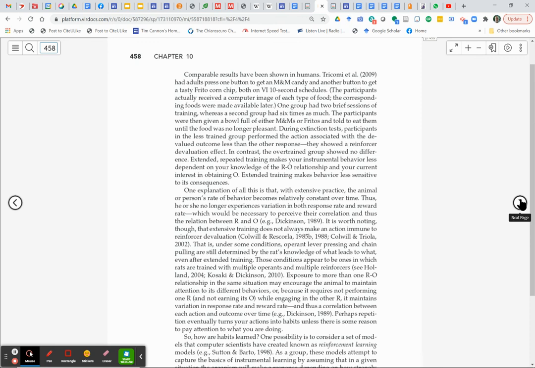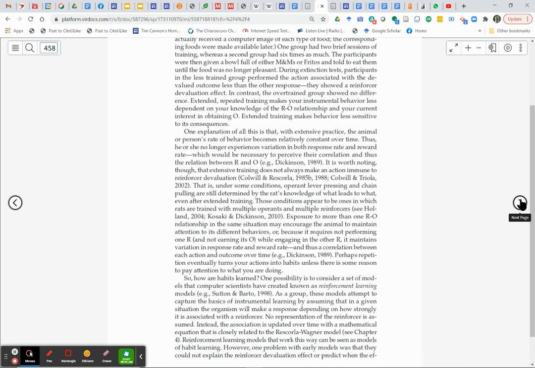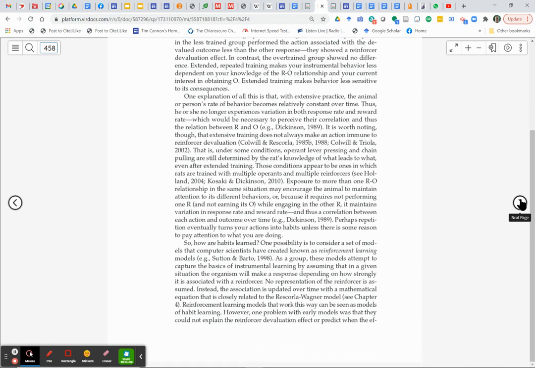And M&Ms and Fritos, it points out that you don't get them, you get them later. And it's a VI schedule. VI is very popular. With the animal research, and then there's again, chain pulling and lever pressing.